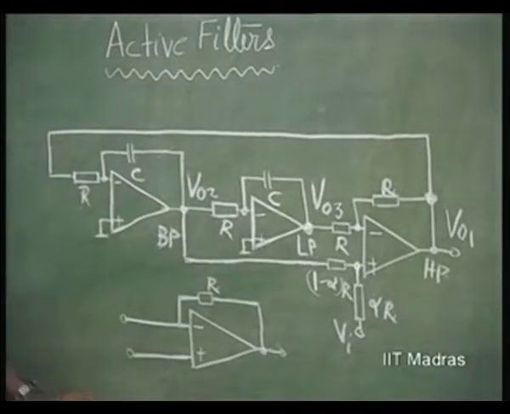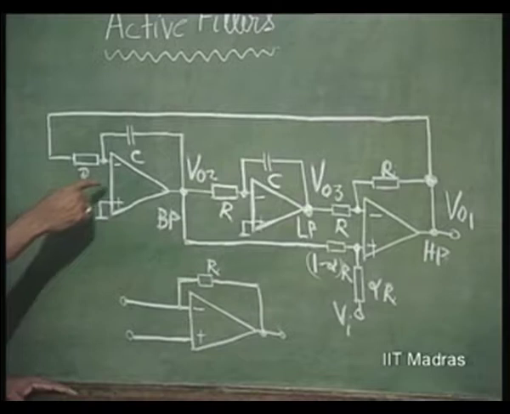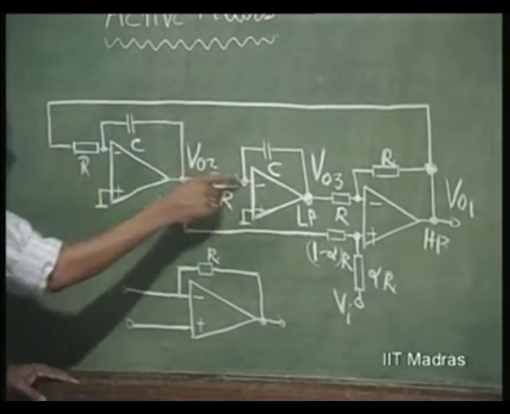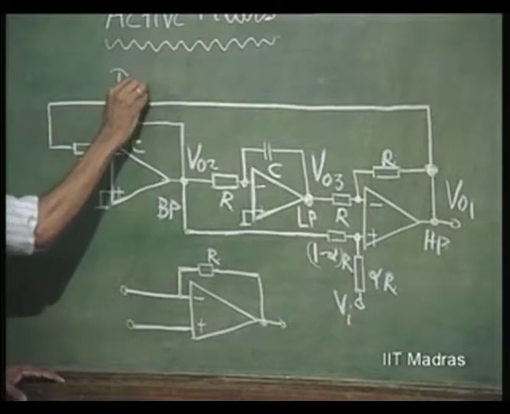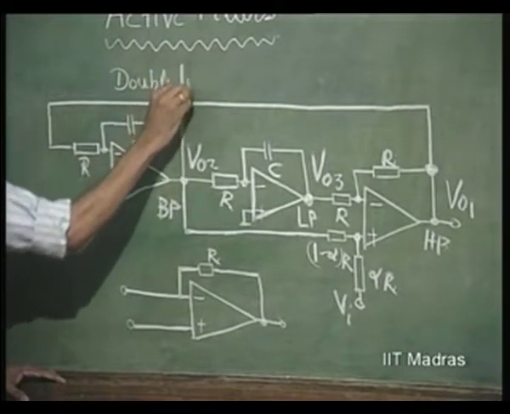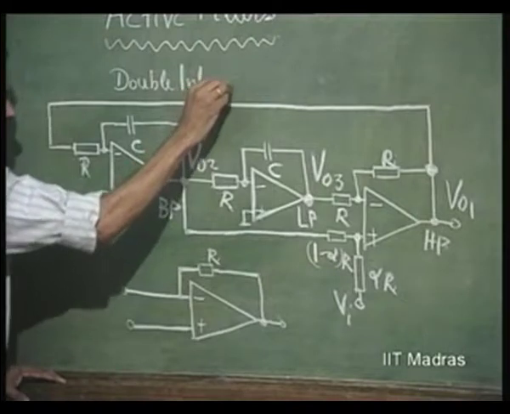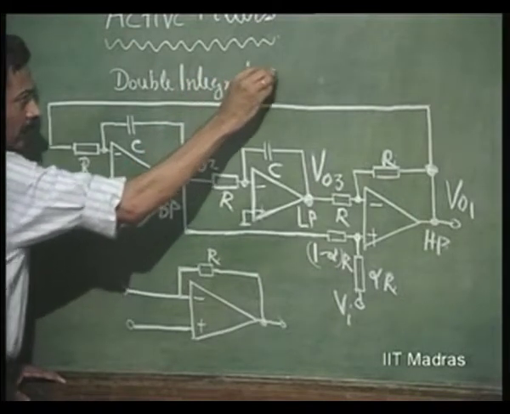This is called double integrator, 2 integrators are used. So, this is also called double integrator loop.